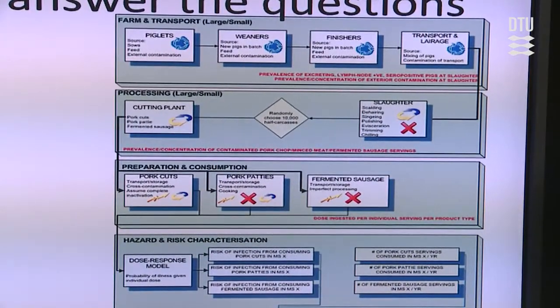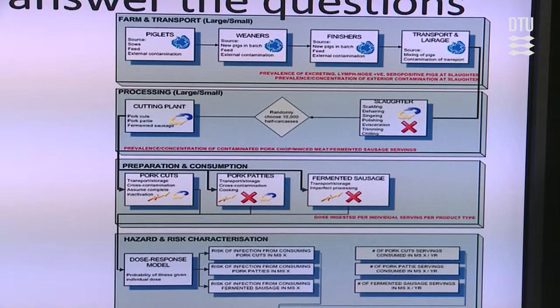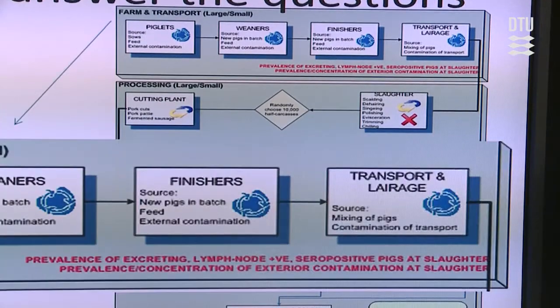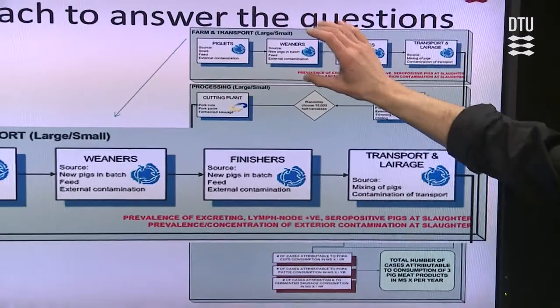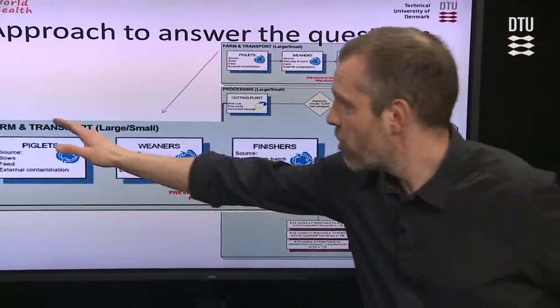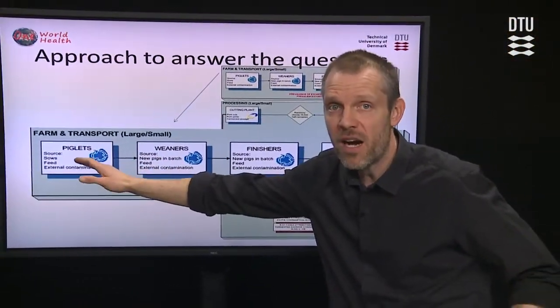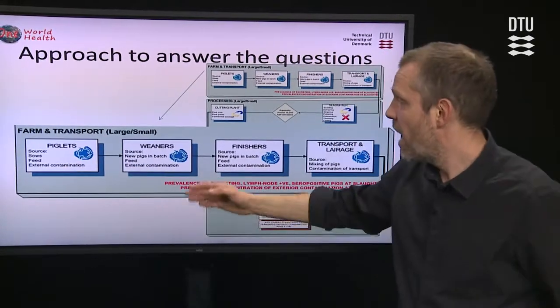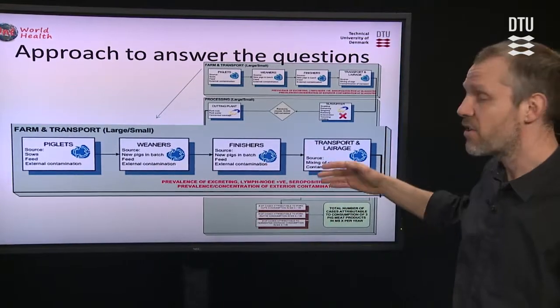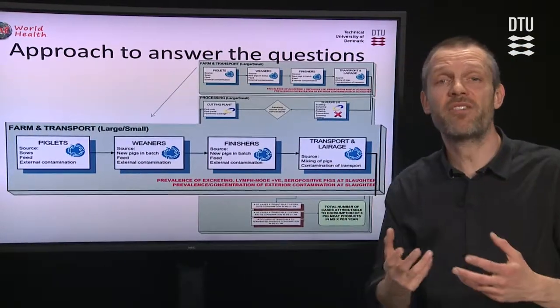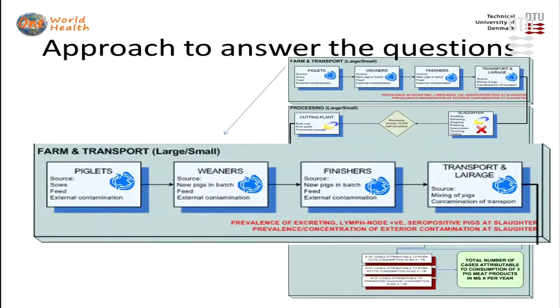So this is the overall picture, and what we did was to break it down. Here we have the farm and transport. We built small models for how piglets are raised on the farm, how the weaners are raised and how the finishers are raised, and so on, and then the transport, and how different factors at these different steps influence the amount of Salmonella in the pigs.